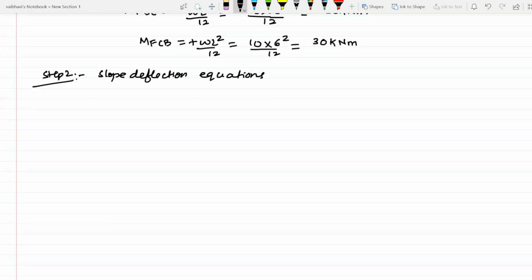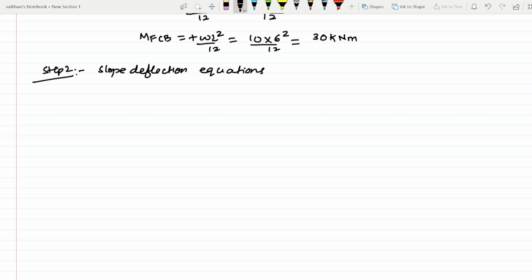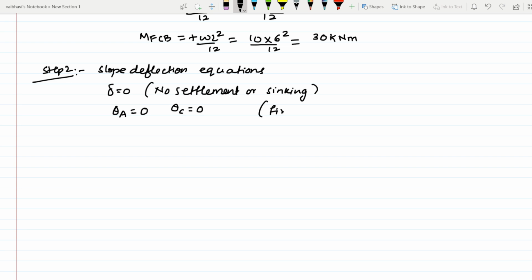So delta is 0, that is no settlement or sinking. It is not given in the problem that any end is sinking or settling, and the rotation values theta A is 0, also theta C is 0 because they are fixed ends.